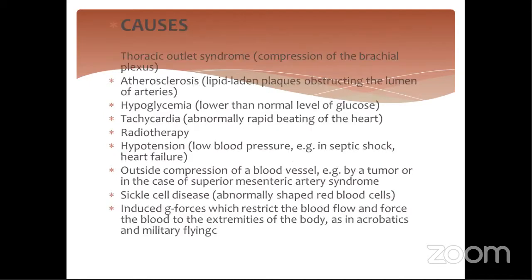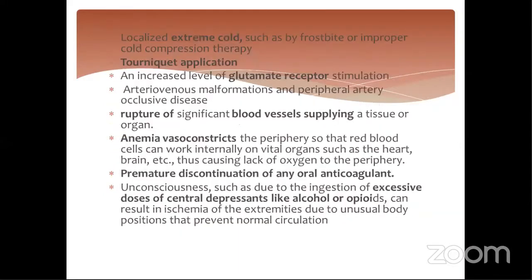So causes are thoracic outlet syndrome, atherosclerosis, hypoglycemia, tachycardia, hypotension, outside compression of a blood vessel, sickle cell disease, and induced G-force which restricts the blood flow and forces the blood to the extremities of the body, as in acrobatics and military flying. So these are the causes.